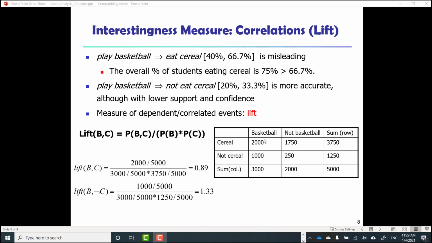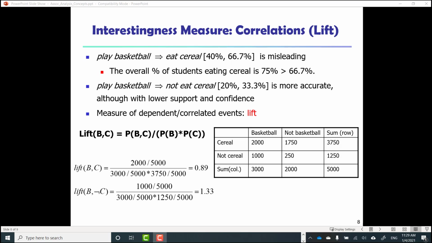Then the confidence is the conditional probability of eating cereal given playing basketball. So 2,000 divided by 3,000, that is 66.7%.